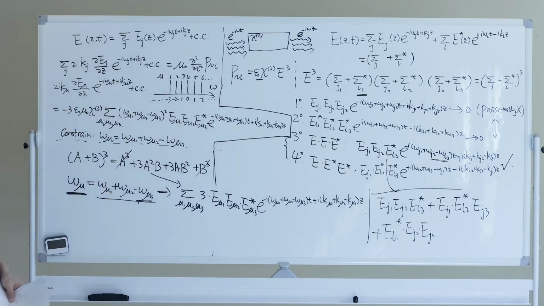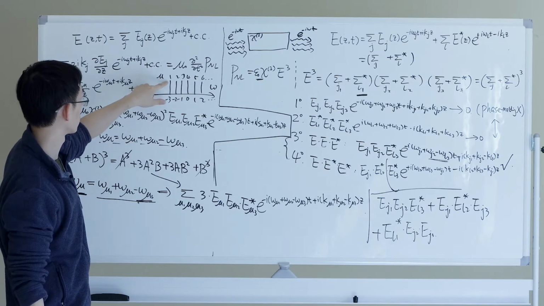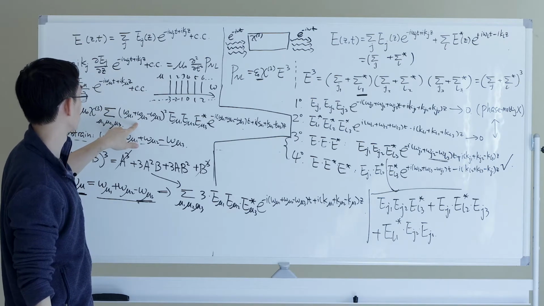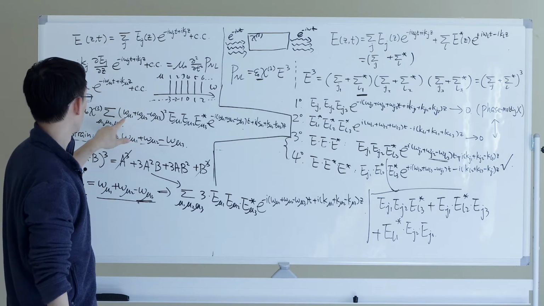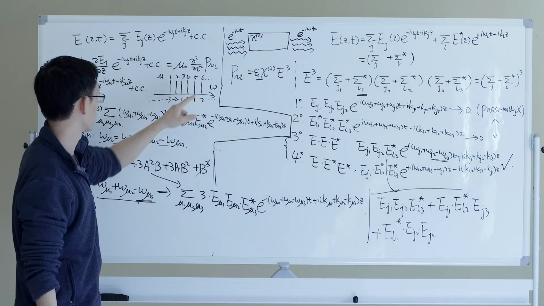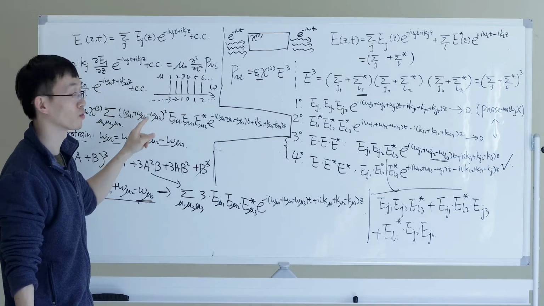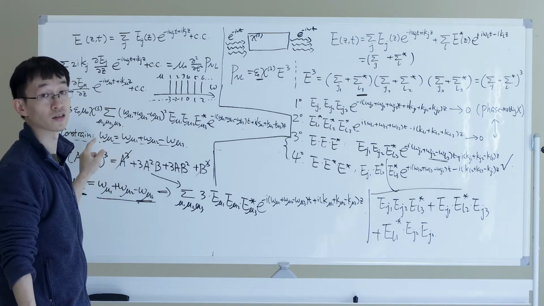And when we do the sum, omega mu1 is this, plus omega mu2. You can say mu1 goes through 1 to 6, and mu2 also goes through 1 to 6. And then for mu3, whenever you choose mu1 and mu2, mu3 is fixed because you have to satisfy this condition.